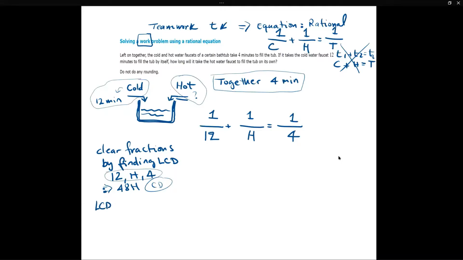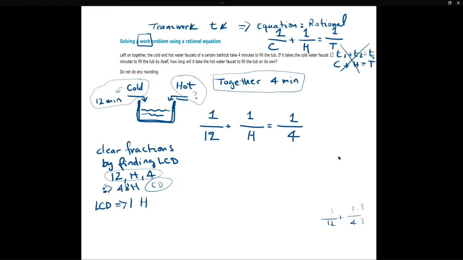So did you find the least common denominator? Well, to find the least common denominator, H is going to be there because it's just a letter, but for 12 and 4, you'll think back, hey, if I have to add these two fractions, the common denominator is going to be 12 because you just need to multiply this by 3 to get that 12, right?